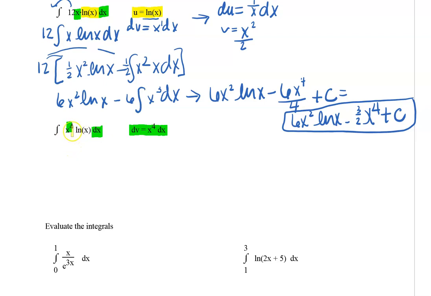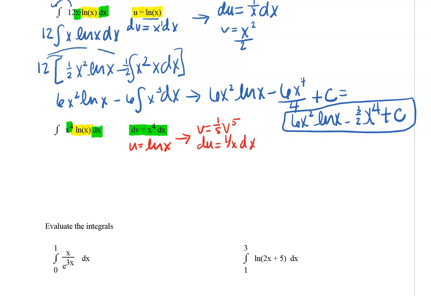So that means u is going to be ln x, but that's kind of our trick: pick your ln part to be u. So u would be equal to ln x, and then you want to integrate and take the derivative. So integrate dv, that gives me v to be 1/5 x to the 5th, add 1 to the exponent, divide by the new exponent, and take the derivative of ln x, and that's 1 over x dx.